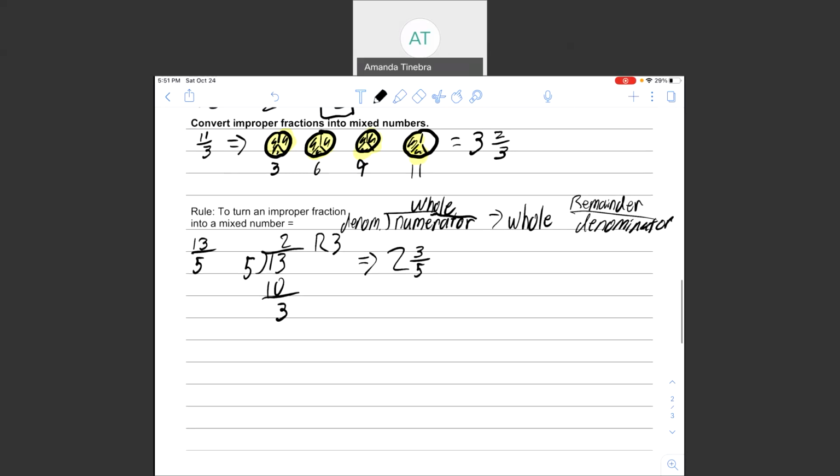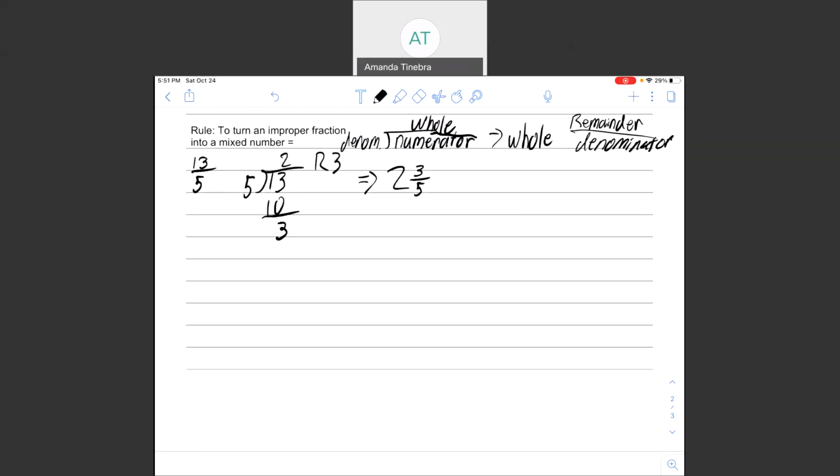So let's say we had the fraction 47/6. Okay, using the rule, I'm doing the numerator, which is 47. I don't know how many times 6 goes into 47. So I can use my calculator to help me with this.